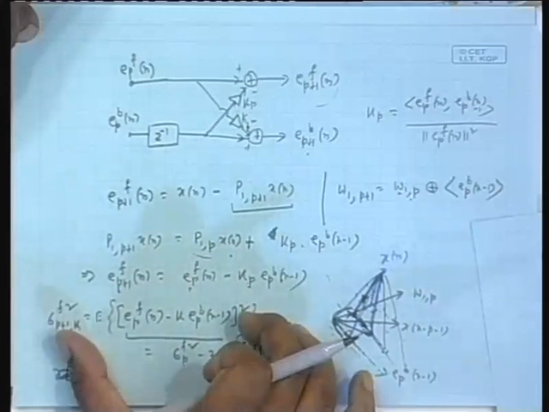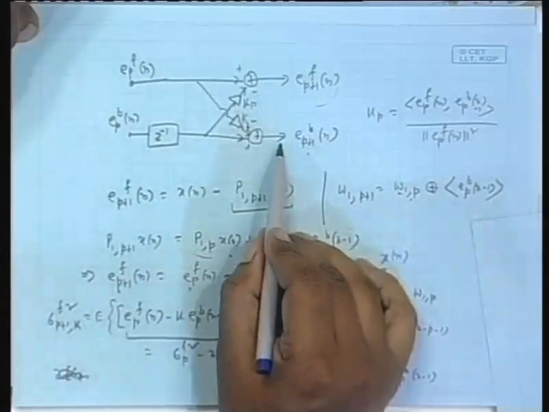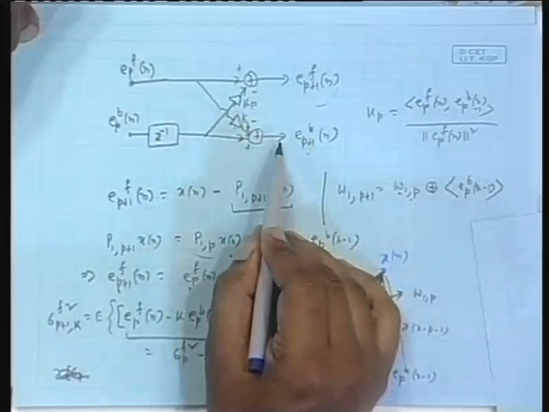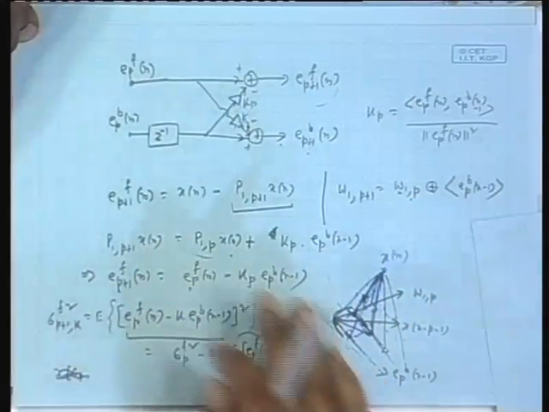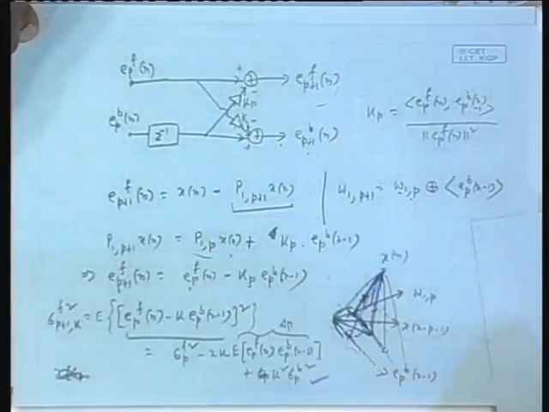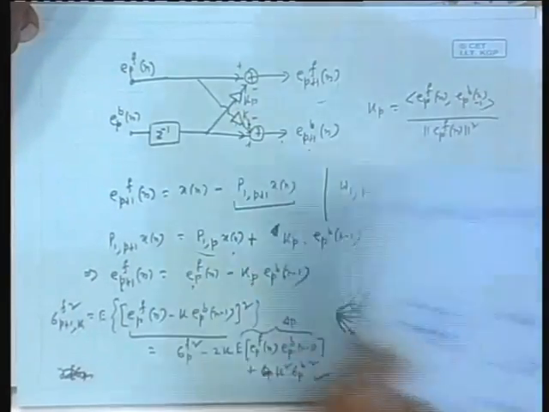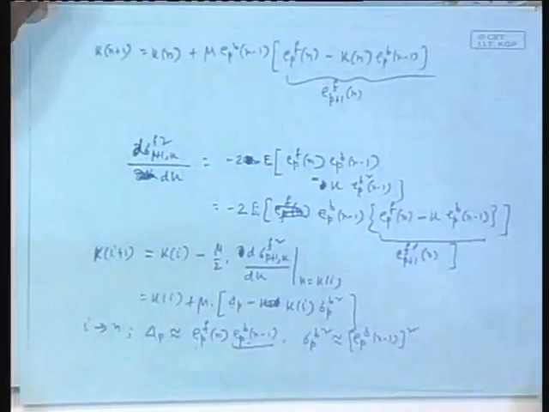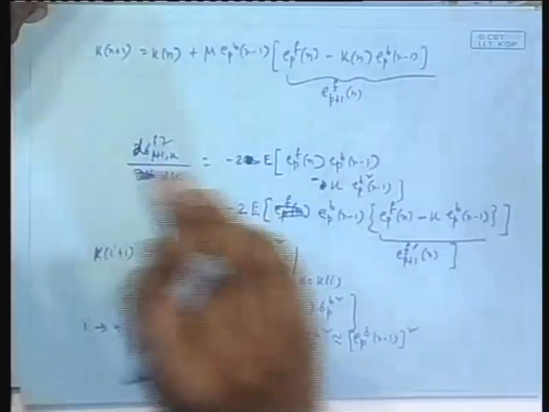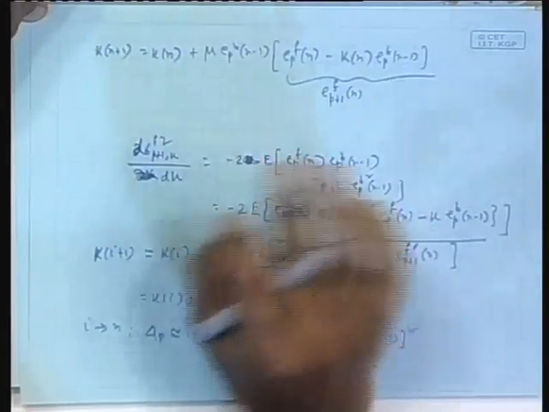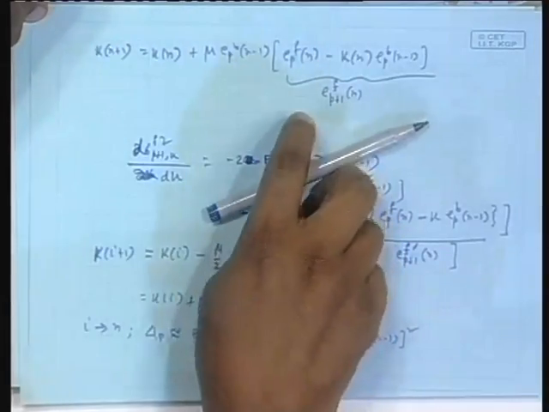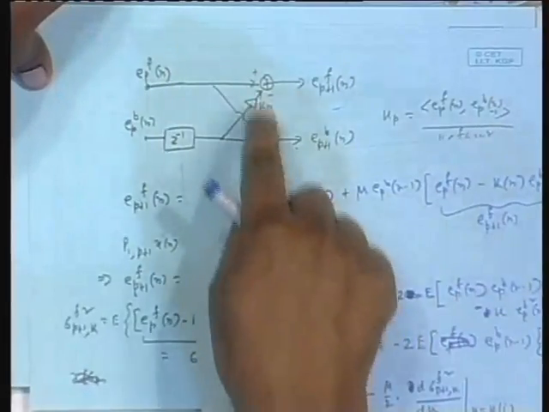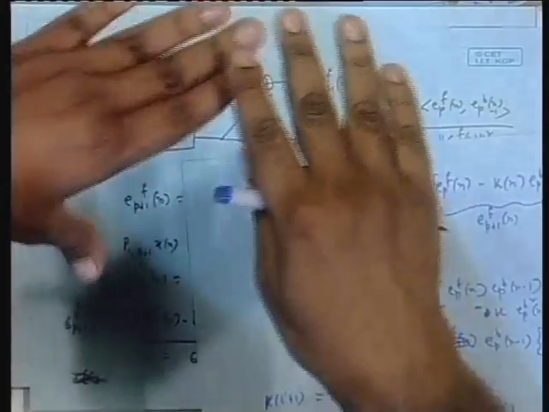So there also I can carry out the same thing, I can put a general k. There is this fellow with a general k here, its norm square or variance will be a quadratic function of k again. So you go for steepest descent and then LMS, and you will get another similar set of equations. That will also give rise to convergence, and that k will converge to the optimal one, but only in mean. But there is no guarantee that the two k's in the two branches will always remain the same, even after convergence.